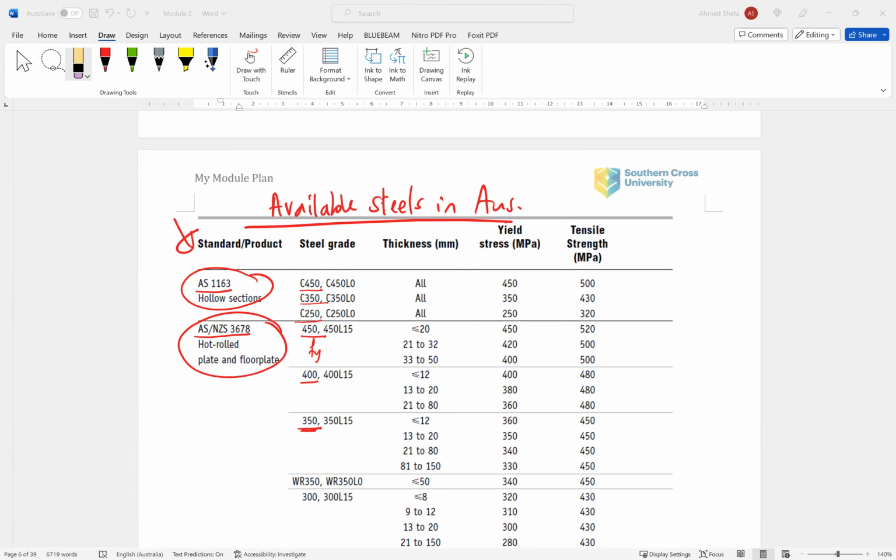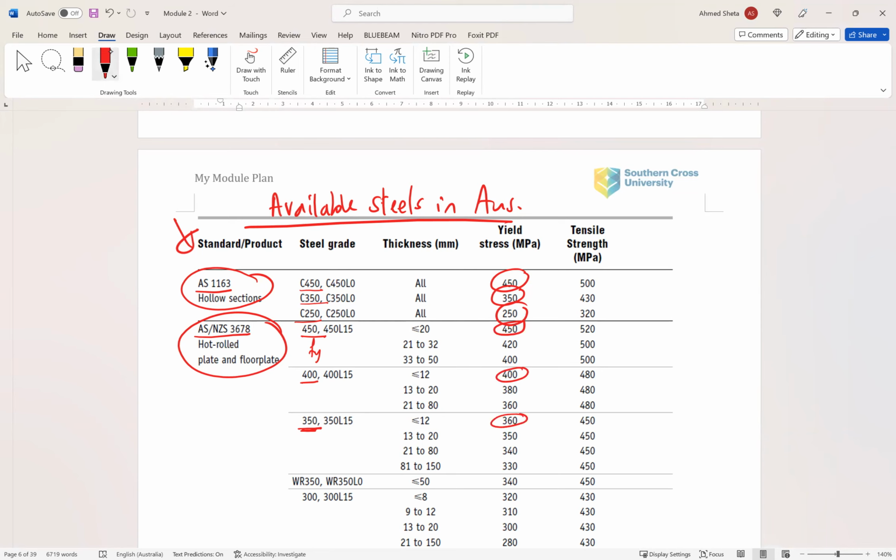The grades of steel for hollow sections are C450, C350, C250, and these numbers mean the yield strength of the steel. Also, hot rolled steel should comply with the Australian standard for hot rolled steel, and the grades are 450, 400, and 350.